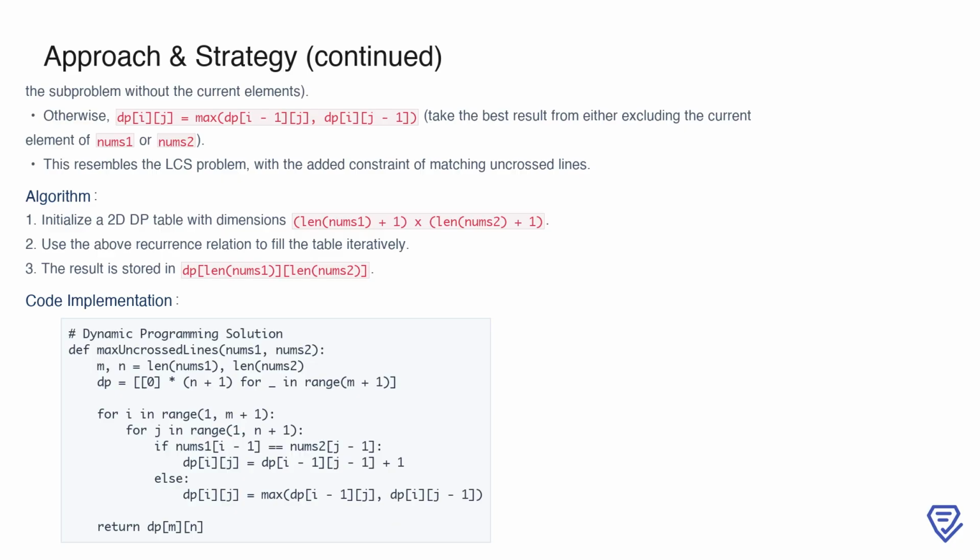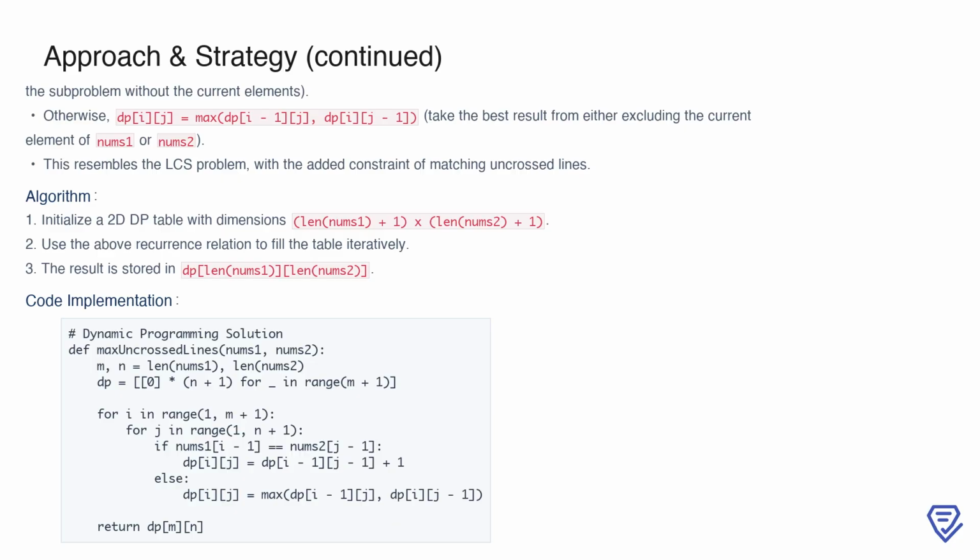If the elements nums1[i-1] and nums2[j-1] match, then we can add this match to the solution for the subproblem that excludes these elements, i.e., dp[i][j] equals dp[i-1][j-1] plus 1. Otherwise, we take the maximum result from either excluding the current element of nums1 or nums2, expressed as dp[i][j] equals max(dp[i-1][j], dp[i][j-1]). This iterative process is what fills the dp table.